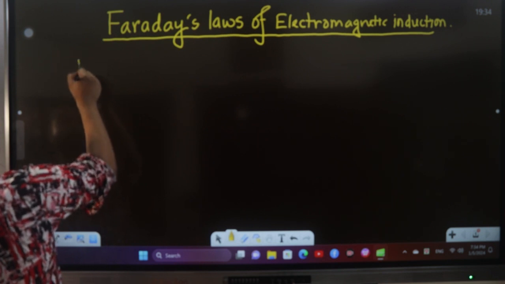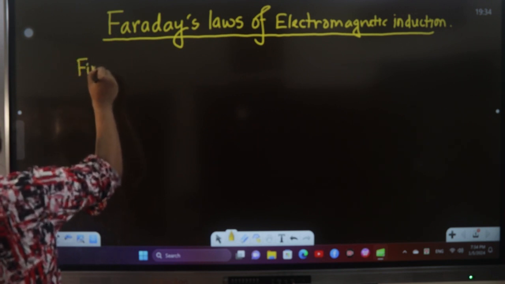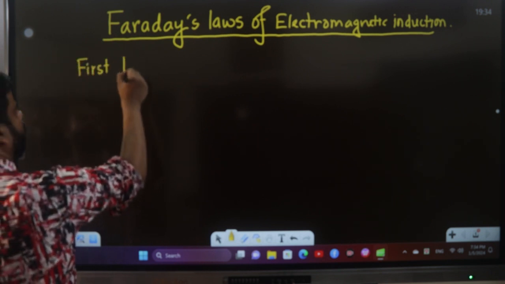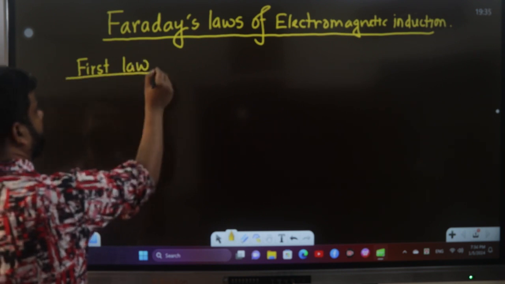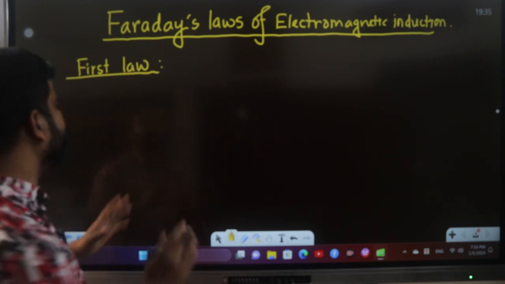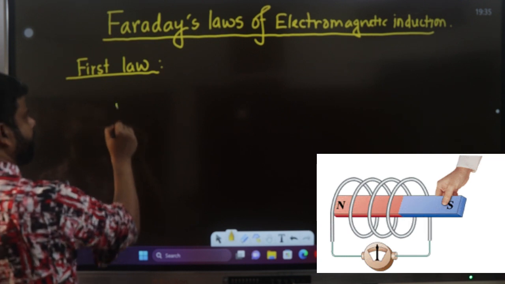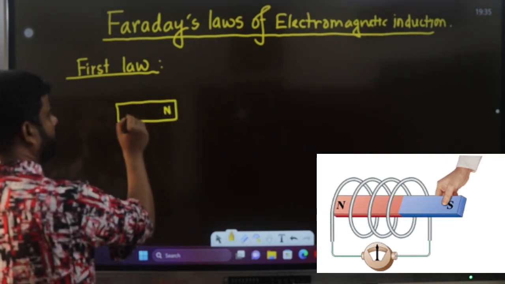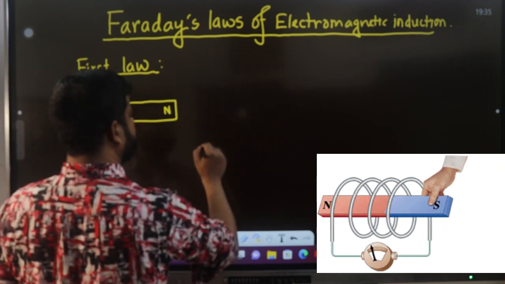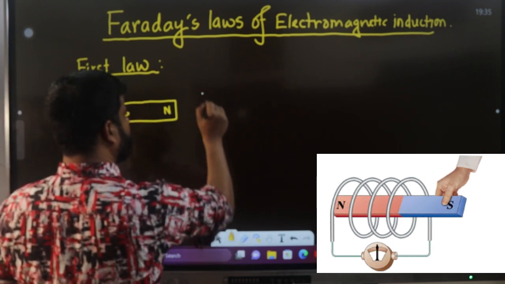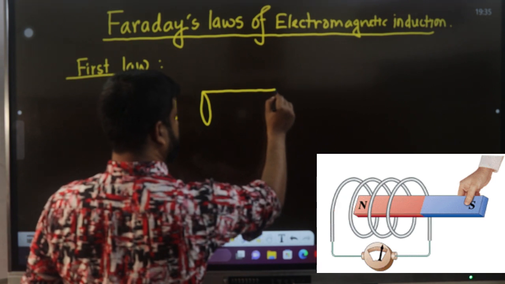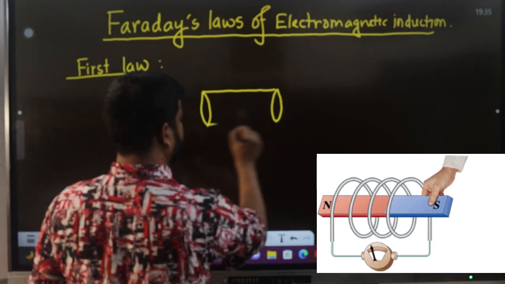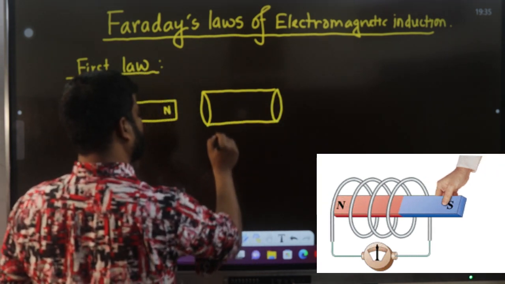So, first law. There are two laws. First law: when there is a relative motion between a magnet, say this one is the magnet, it is the north pole of the magnet, and a closed loop coil. Say this one is an insulated hollow tube.